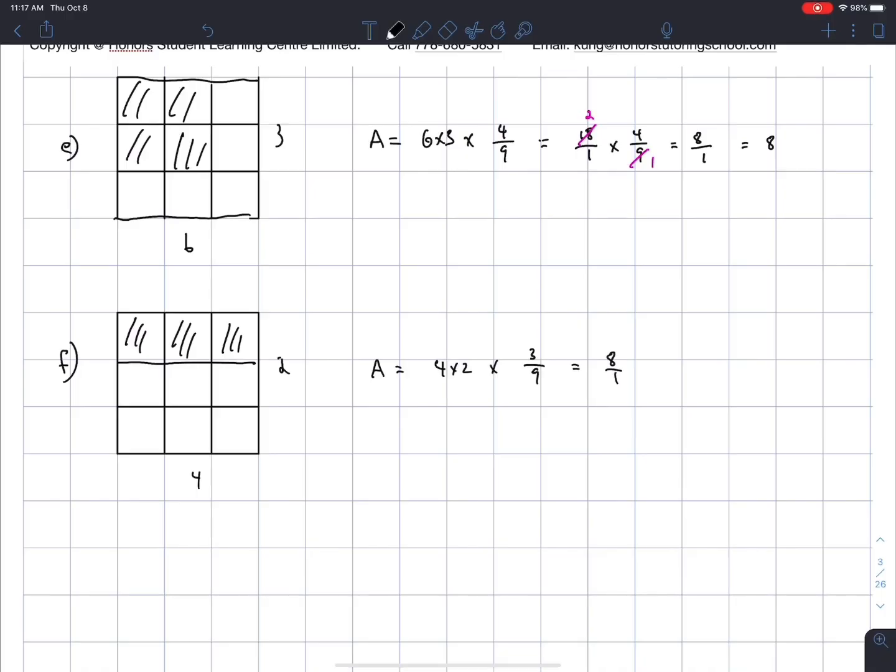I can put it as 8 over 1 times 3 over 9. I can divide the 3 by 3 to get 1, divide the 9 by 3 to get 3.